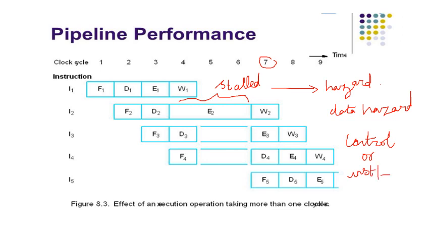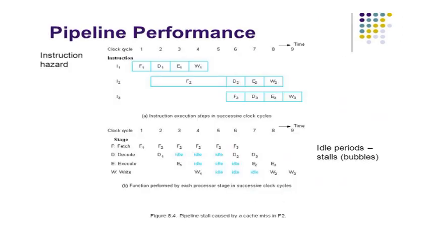The effect of a cache miss on pipelined operation is shown in this figure. The instruction I1 is fetched from the cache in cycle 1 and its execution proceeds normally. However, the fetch operation for instruction I2, which is started in cycle 2, results in a cache miss.